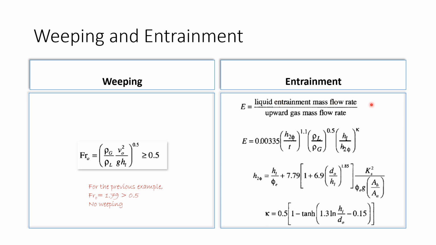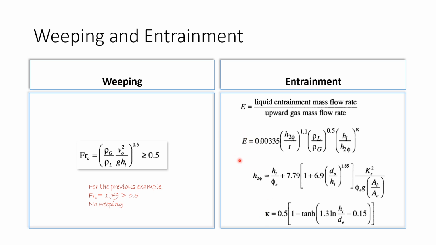In terms of entrainment, entrainment is basically the ratio between how much liquid is carried away by the gas flow rate divided by how much gas is actually flowing up. So it is the liquid entrainment mass flow rate over the upward gas mass flow rate, which can be calculated using these correlations, which most or all of these parameters are already defined either from the previous examples or can be calculated again using these correlations.